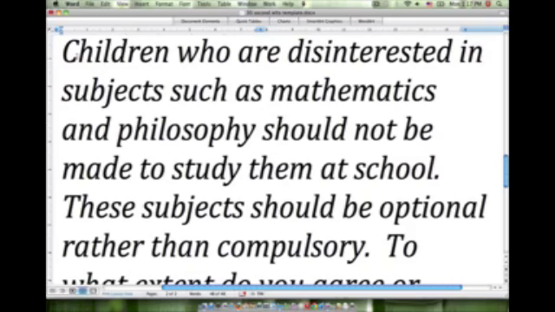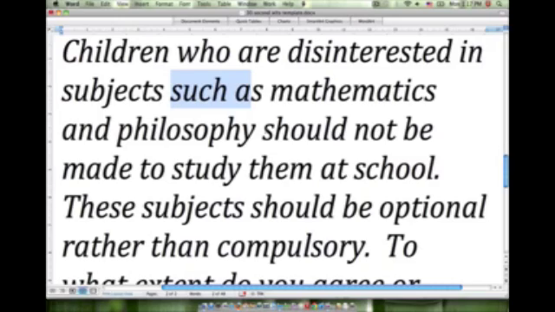Just a little bit of background information, saying that if a child is disinterested for whatever reason in certain subjects, now they give the example of mathematics and philosophy, but that doesn't mean that in our essay we have to focus on only these two areas, because they're saying subjects such as, which means there are other subjects that would fall into this category as well, of subjects that students might be disinterested in.